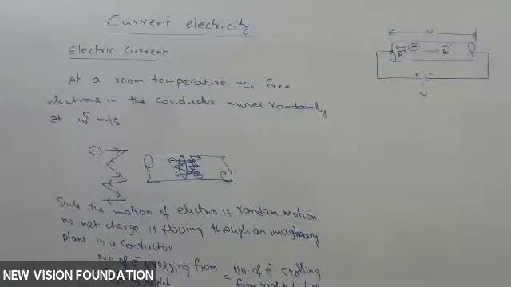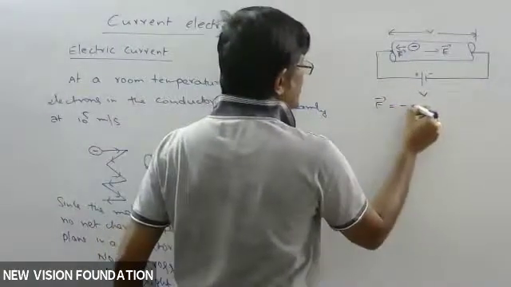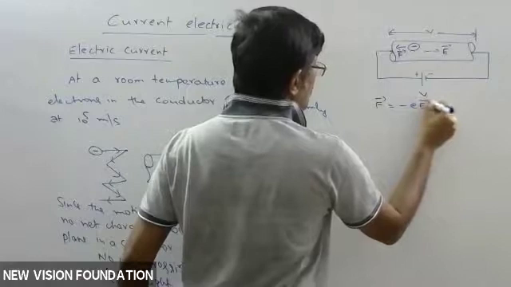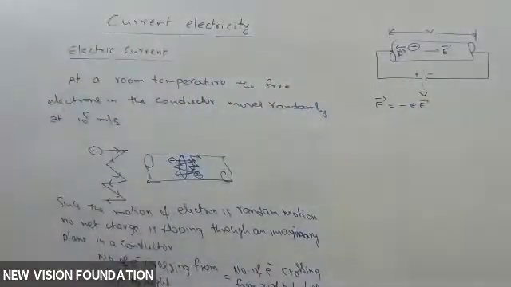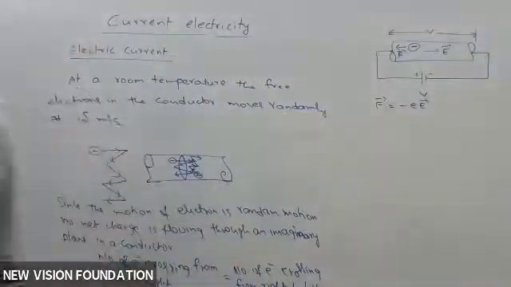Here the electron is a negative charge; it experiences an electric force opposite to the electric field, and this electric force is equal to minus e E vector. Here small e is the charge of the electron and capital E is the electric field. The minus sign indicates that this force and electric field are opposite to each other.